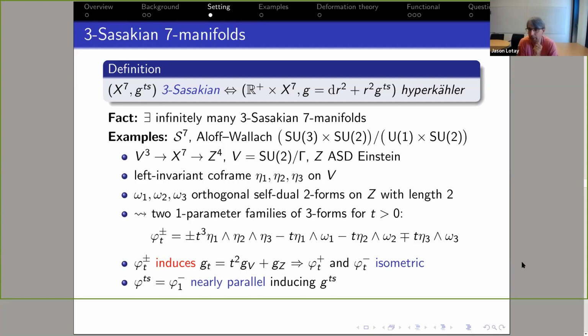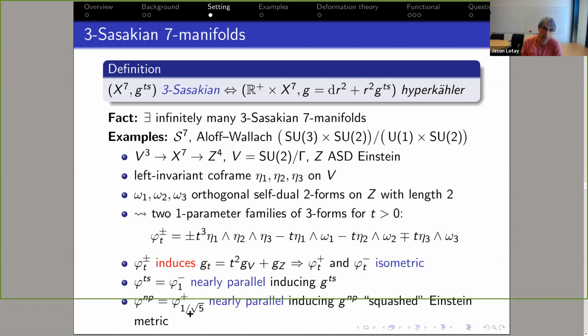If you don't know what nearly parallel means, it doesn't really matter. All that we need to know is that this is a special type of G2 structure which induces an Einstein metric. As I said, there's another value of t you can choose to get an Einstein metric, and that's 1/√5. So if you choose 1/√5 and the plus sign, you get a nearly parallel G2 structure, which induces another Einstein metric on this space, which is sometimes called a squashed Einstein metric, called it g_NP.